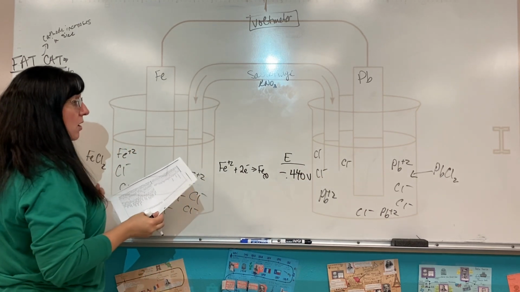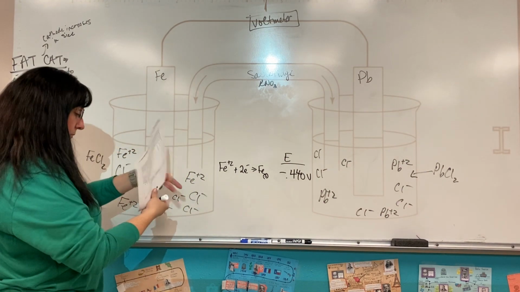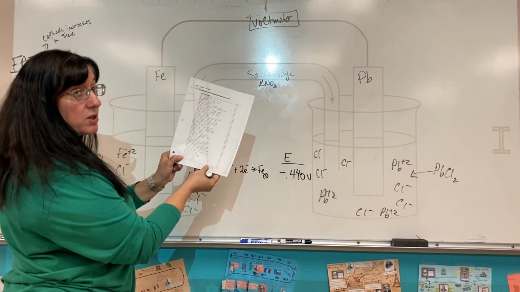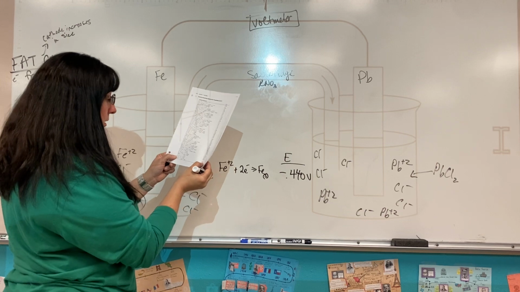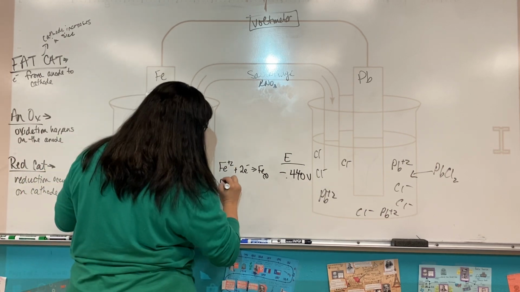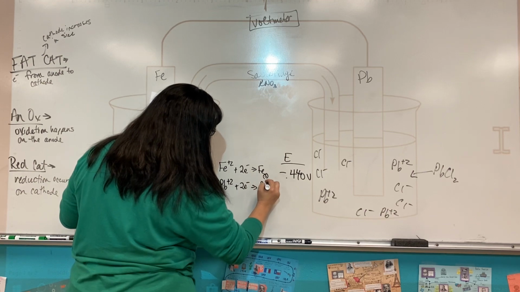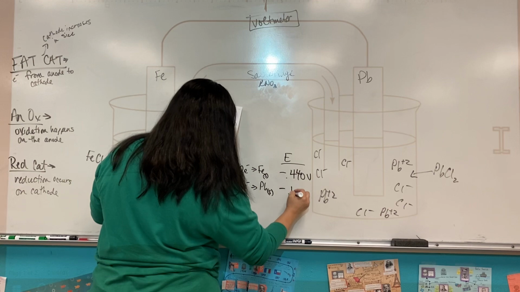Okay, and now I want lead with a +2 charge. Remember, it is right here on the very bottom, the third equation from the bottom on the front side. What is that value? Negative 0.125.